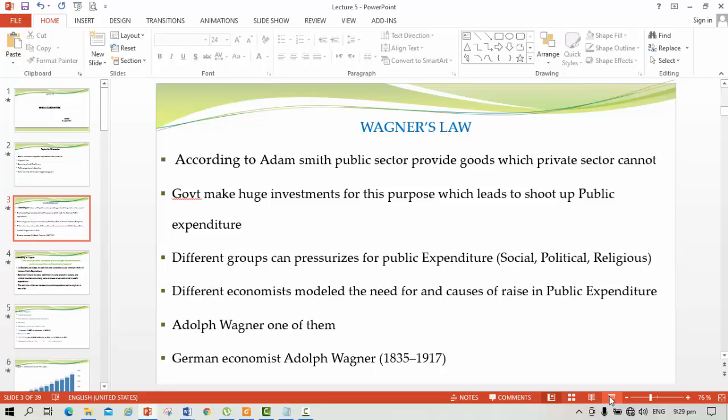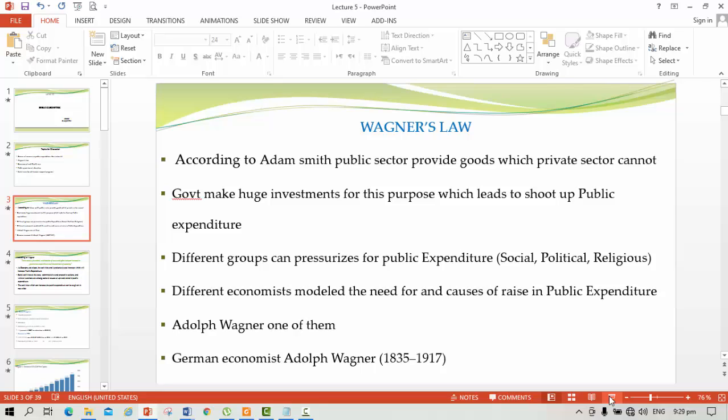provided by the private sector, because if the private sector provides national defense, then it will be very difficult for the people to bear its cost, because everybody will have to pay the private sector. That is the reason that according to Adam Smith, the public sector provides some goods which the private sector cannot.